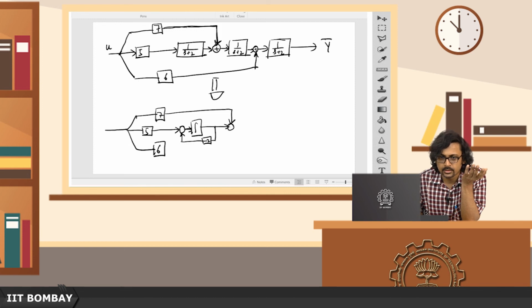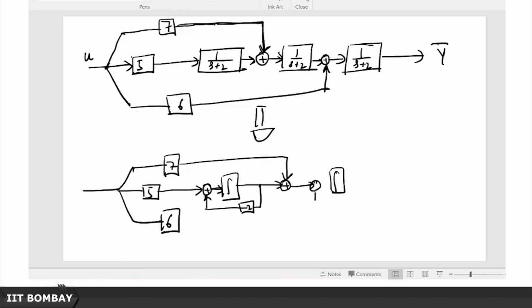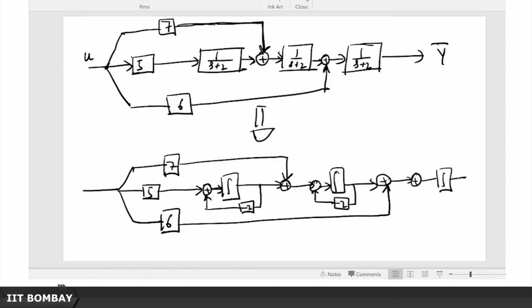Again there is a summer here, and then again I put another bank of integrators with this -2 here, right. So that is how I put 3 of them in cascade, and then again I have another summer here where I add this, and then I have this last realization which is going to be this -2 here. So this is going to give me my y bar from the u.